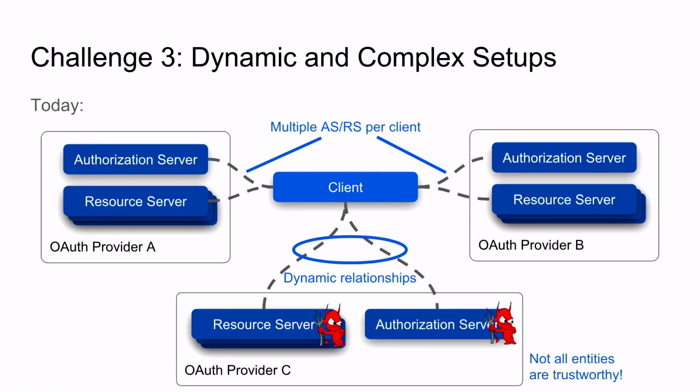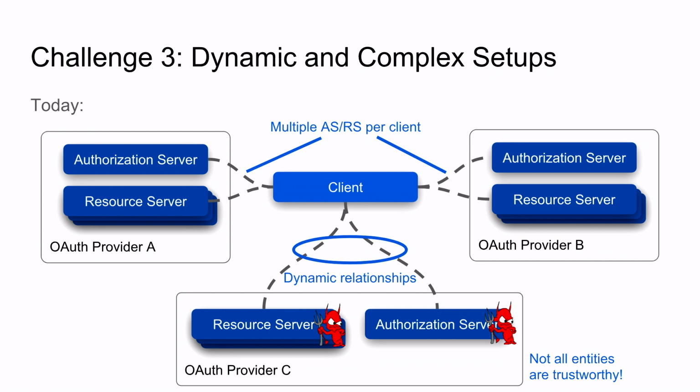Today, it looks more like this. We have one client connecting to many authorization servers and many resource servers. These relationships are built dynamically. So maybe a user comes and says, I'd like to use that authorization server, and then your client has to connect to that authorization server, depending on which ecosystem we're talking about, but these setups exist.